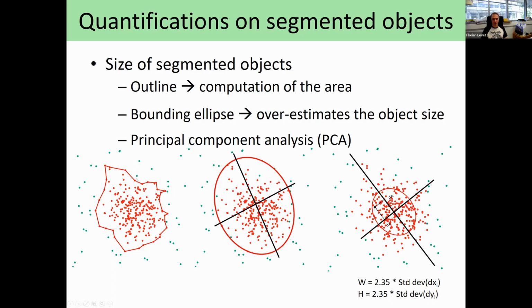So between using the area or the principal component analysis, I would say use the one that is used in your domain. So if in your domain they are using area, use the area. If they are using size, use the principal component analysis.